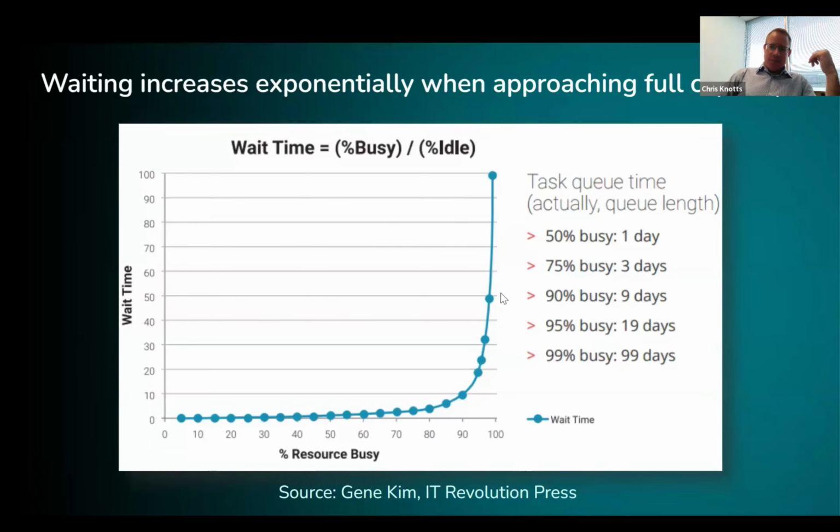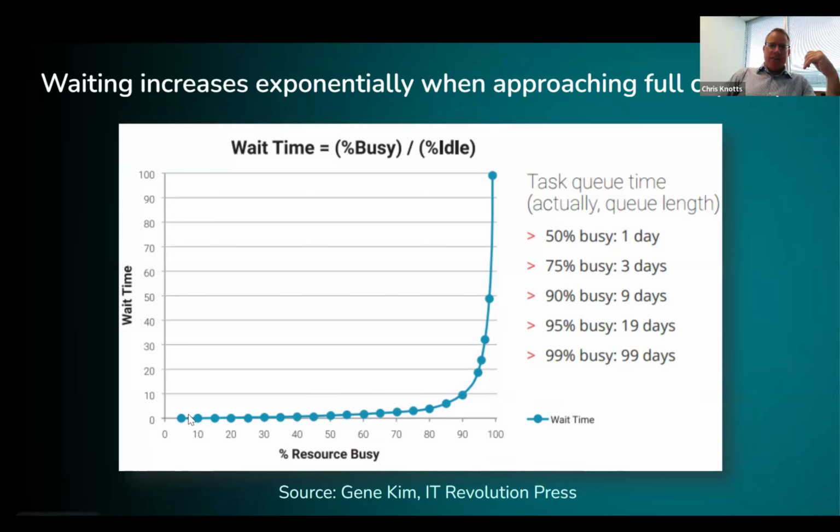Now, if you caught my last web seminar, I showed this slide as well. This is a slide from Gene's consultancy and his book publisher. What you can see is an interesting exponential curve as capacity increases. Up to about 90, even 95% busy, the wait is pretty negligible.